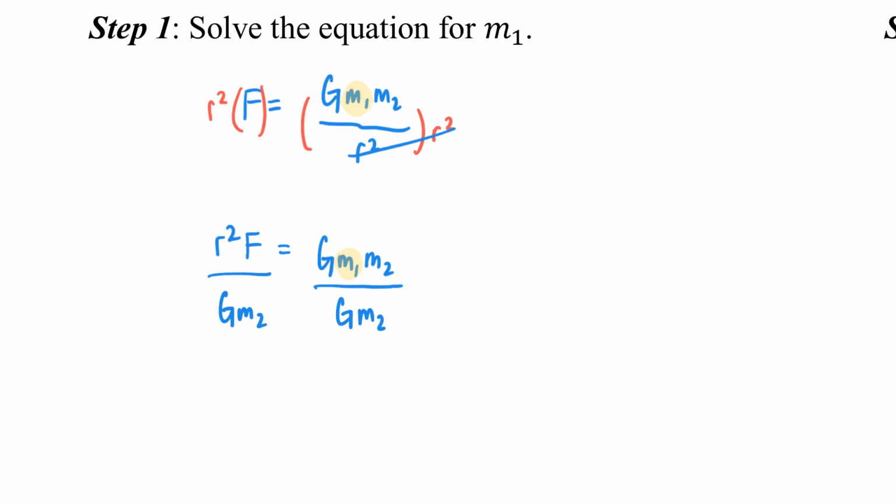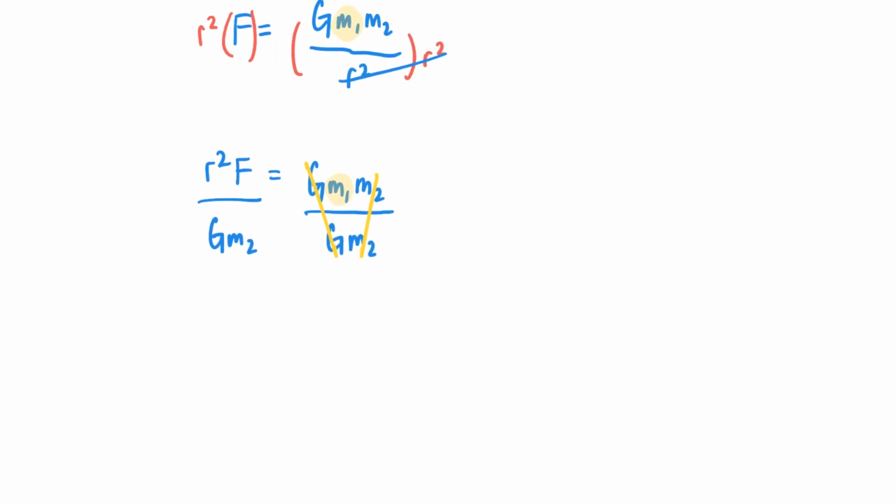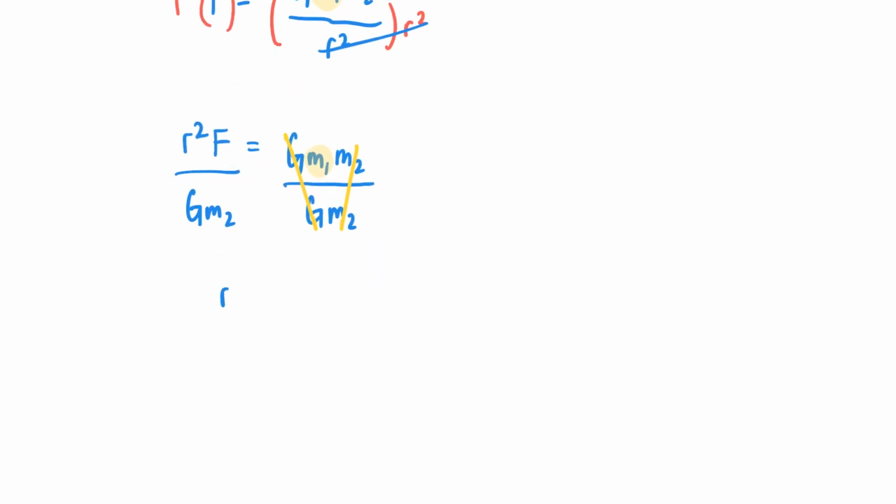When you do that, the G's will knock each other out, M2's will knock each other out, and you're just left with R squared F over G M2. That's equal to M1. So in a scenario, if you knew the distance between two objects, the force they exert on each other, the gravitational constant, and the mass of the second object, you could calculate the mass of the first object.